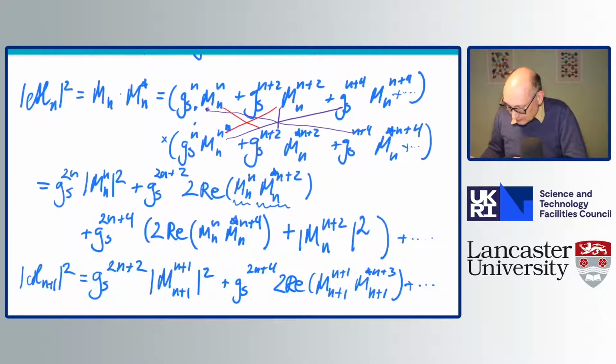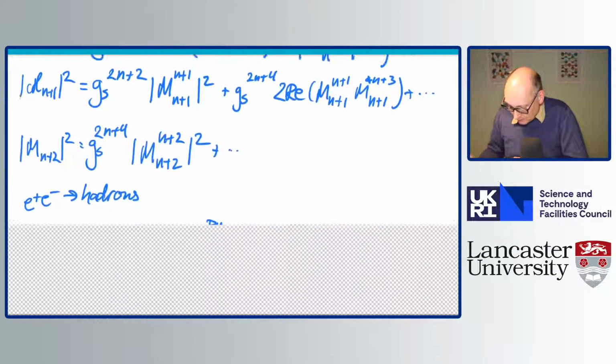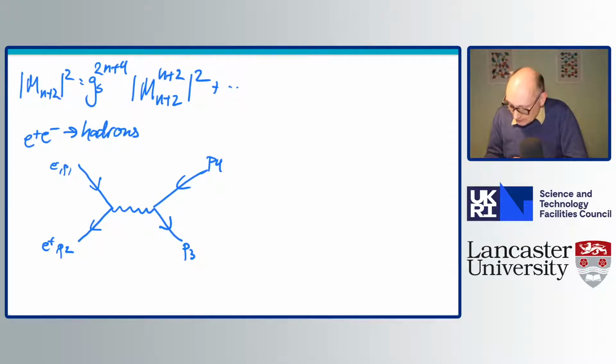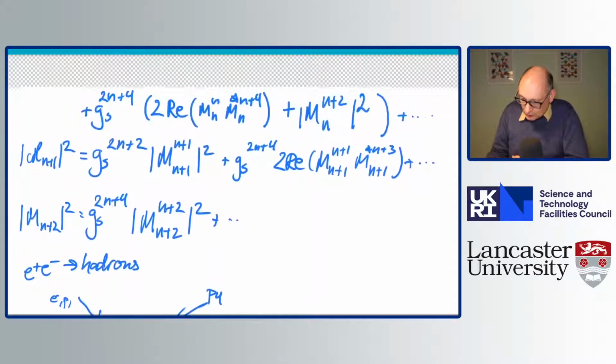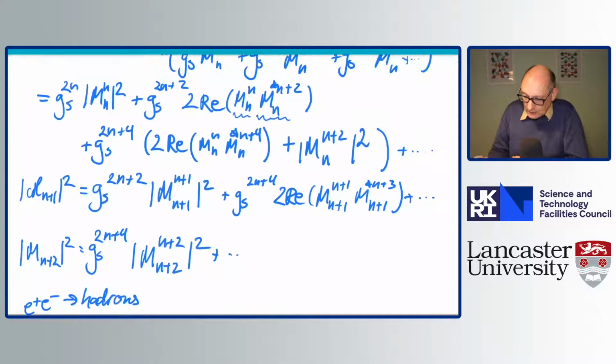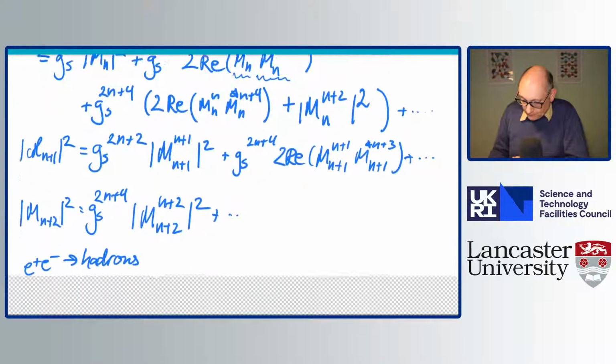So let's write down one such one loop diagram, like so. This is a photon, this is a gluon. And the contribution to the matrix element squared would then be twice the real part of the Born level multiplied by the one loop amplitude.